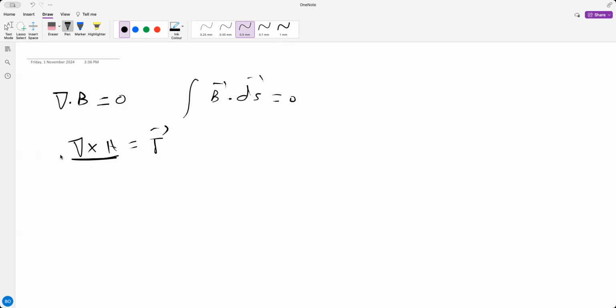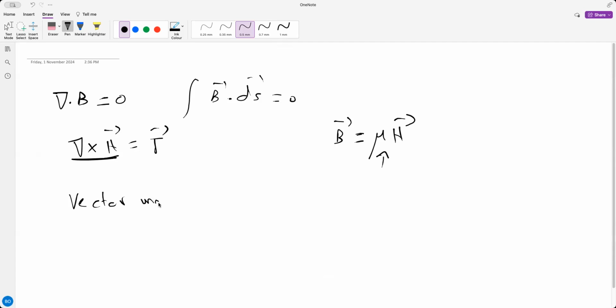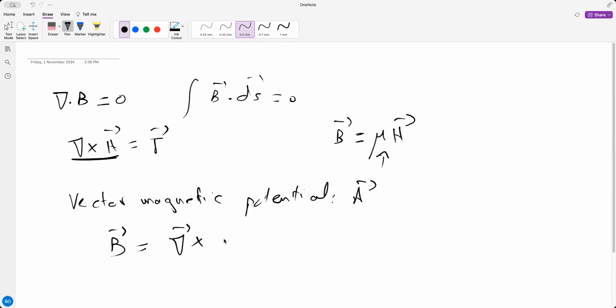The nabla cross H is equal to J. We know that the magnetic field B is equal to mu times H, where mu is the permeability. The vector magnetic potential is called A, and it is related to B by B equal to nabla cross A.